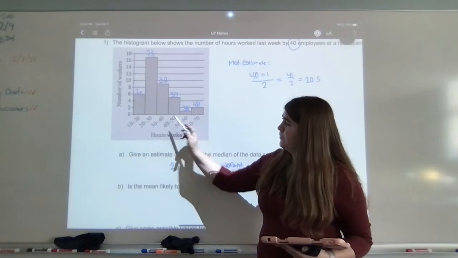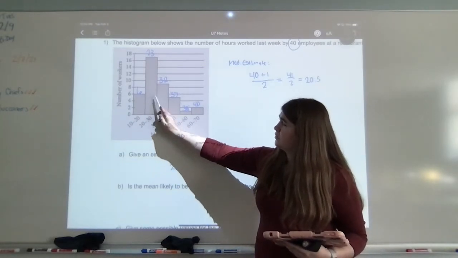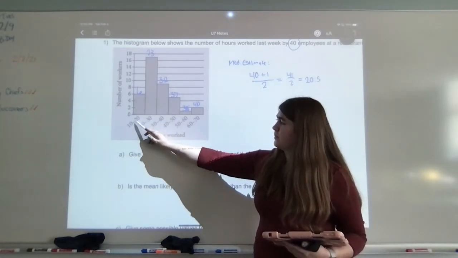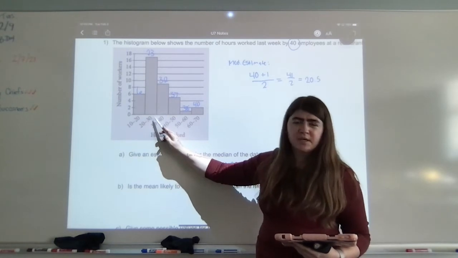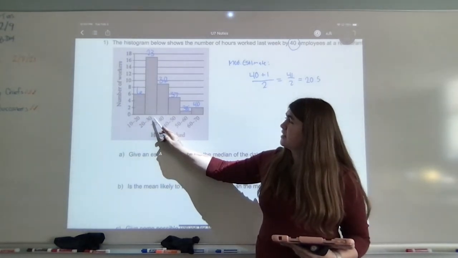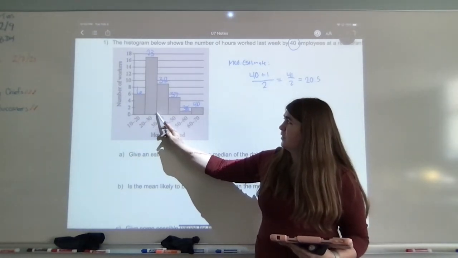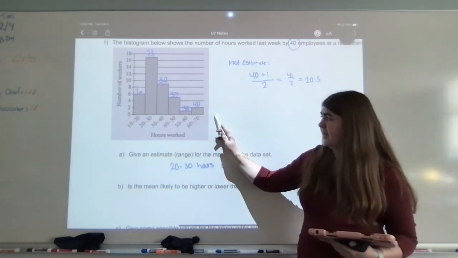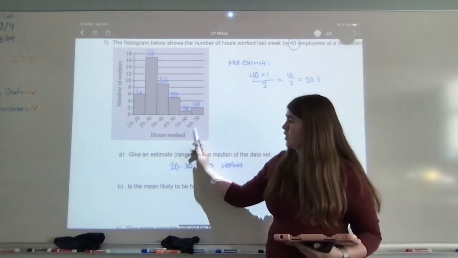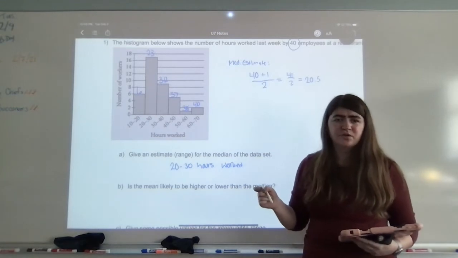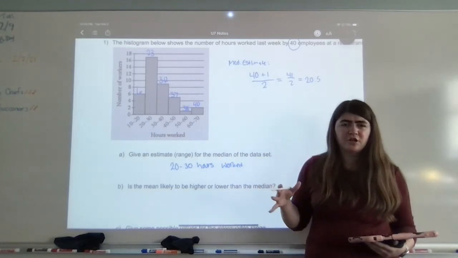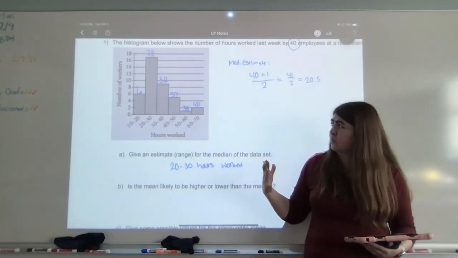So if we look at this data here, we have 23 people that have worked somewhere between 10 and 30 hours, and then the rest of our data set is going to be above that. Some of them even working 60 to 70 hours. So you're looking for, on average, how many hours were worked.